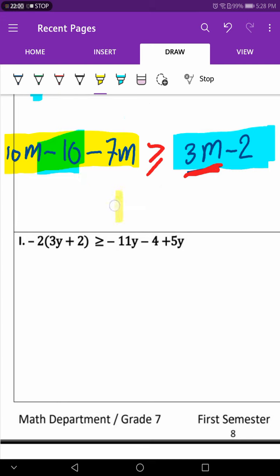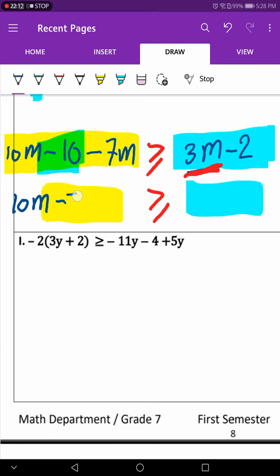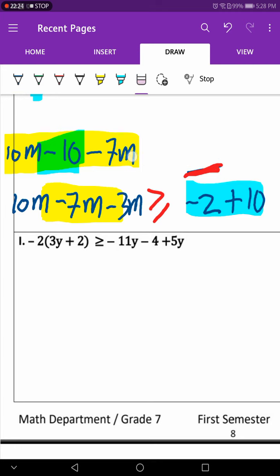Okay, my boys? So this is the left and this is the right. In the left from before, I have 10m, -7m, and the newcomer -3m. And at the right, I have -2 from before, and the newcomer, it is +10. Okay, my dear student?